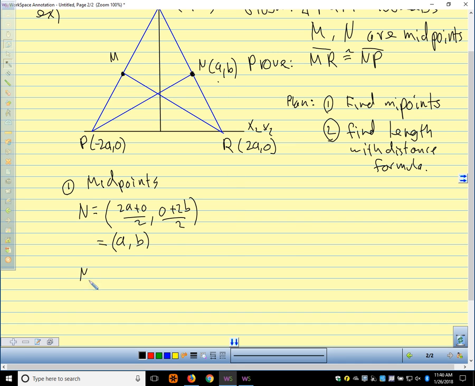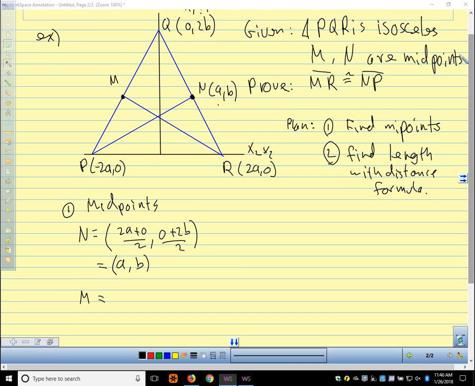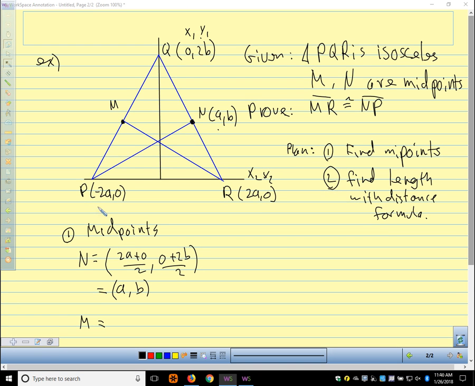Let's find midpoint of M. Well, I have this one as x1, y1, so I'll call this x2, y2. x2 plus x1, negative 2a plus 0 divided by 2. y2 plus y1, 0 plus 2b divided by 2.